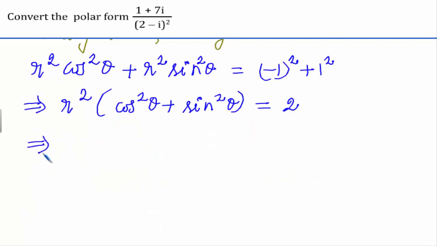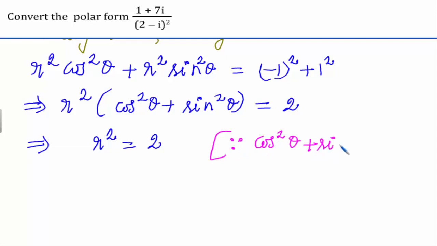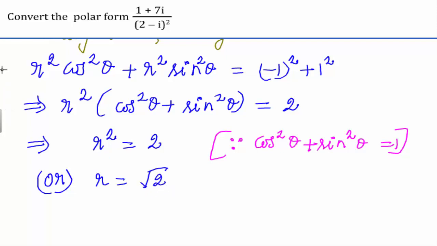This implies r square is equal to 2, since cos square theta plus sin square theta is equal to 1. Or we can write r is equal to root 2. The value of r is always positive since r is the modulus of the given complex number.